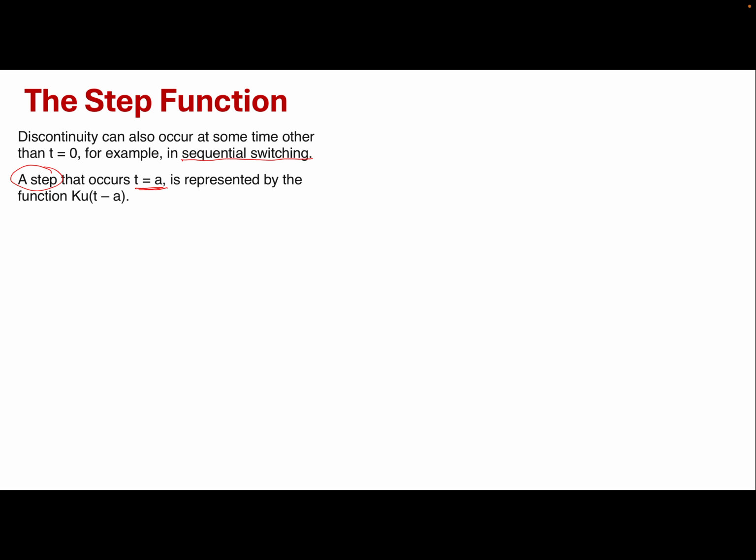Previously, if your step function was happening exactly at t equal to 0, now your step function will start at a, and then it's going to move over here. So it will be time shifted. Whenever the switching operation is happening, of course your switching action is going to happen after that.